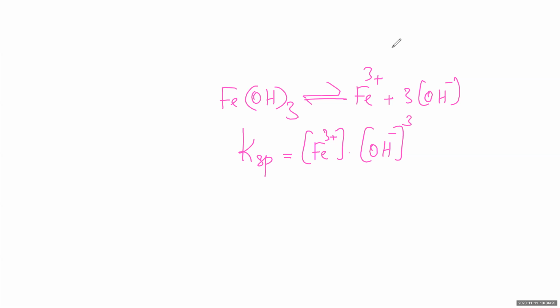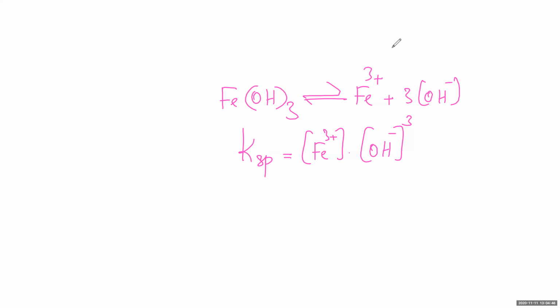So you take the cube, OH minus raised to 3. So in the product, the concentration terms are to be raised to the power of the coefficient. See? It is like this.